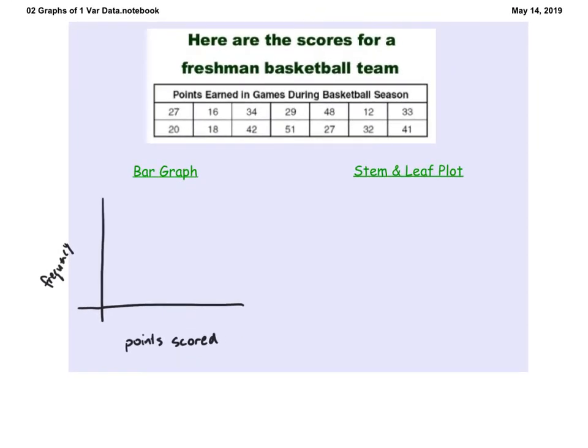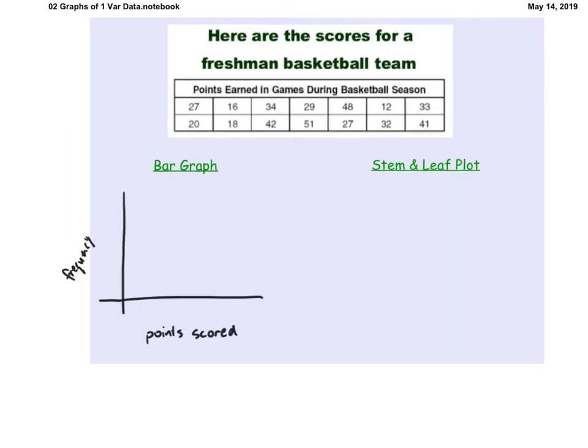All right, so it looks like maybe a good way to break this down is by tens. This is obviously something that you as the author can decide, but I'm going to go ahead and break this down by tens. And it looks like the maximum we have is 51. So I'll just go ahead and do 10, 20, 30, 40, 50, and 60 like that.